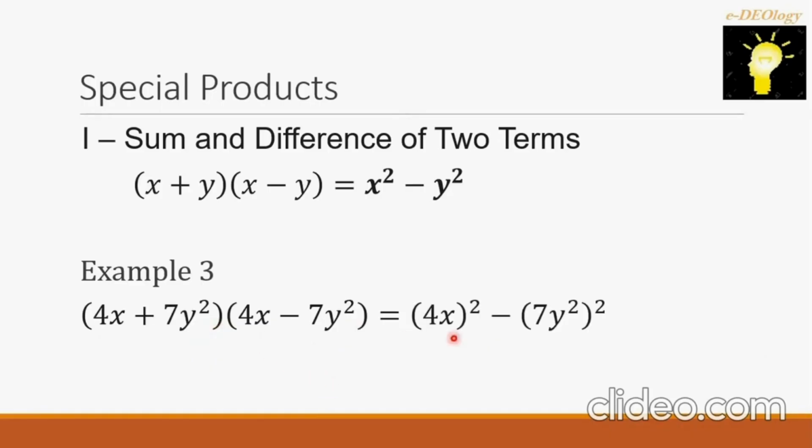The first term 4x is squared, then minus the 7y squared is again squared. So we simplify 4x all raised to 2, it becomes 16x squared, and then minus the 7y squared is raised to 2, so it becomes 49y raised to 4. So this is our final answer.